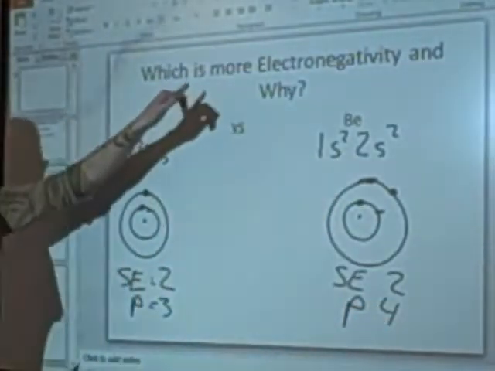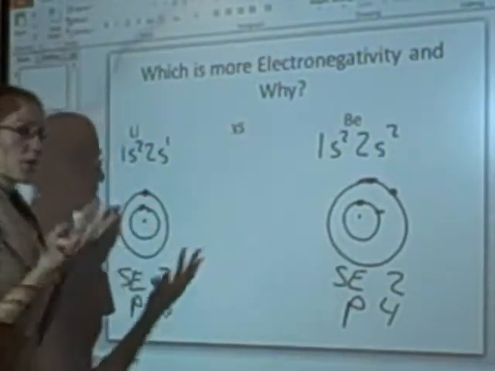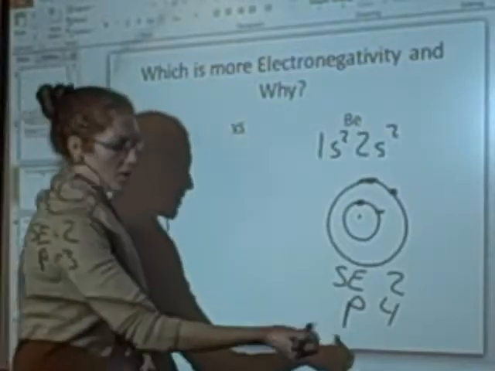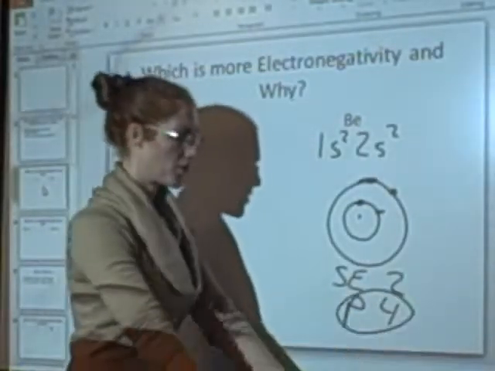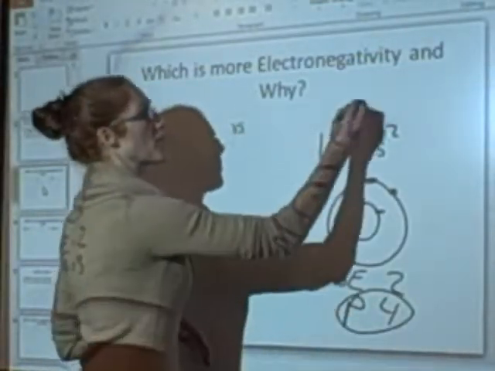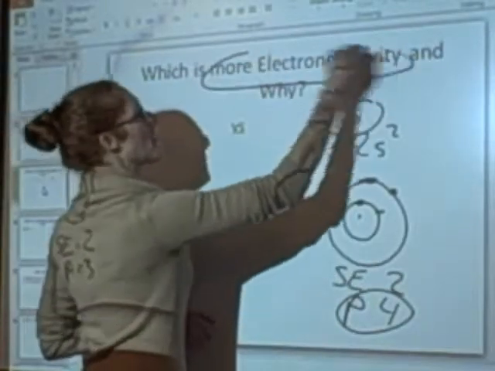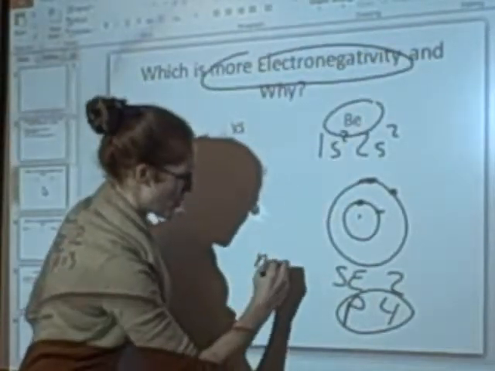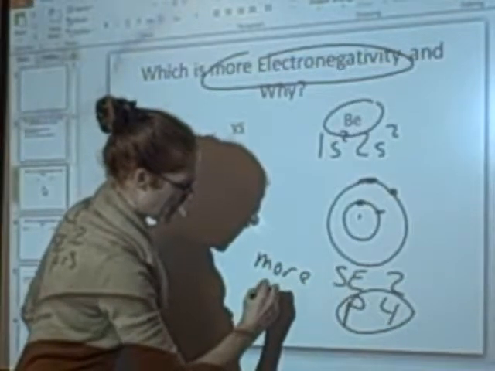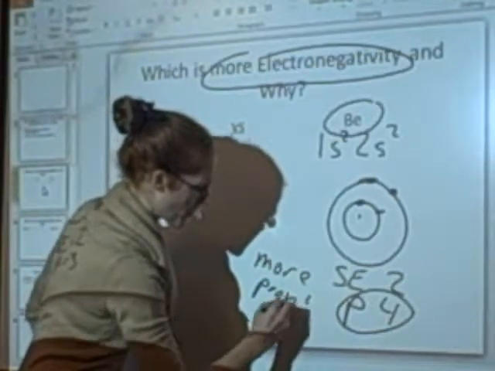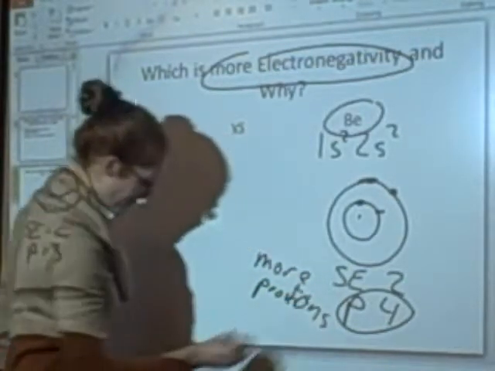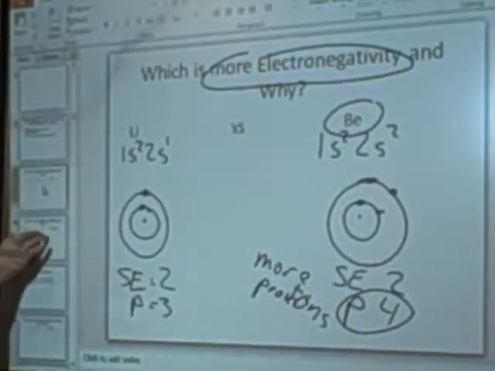So to figure out which is more electronegative, the shielding's the same, so I can't look at it. I look at protons. There's more protons here, so they're attracting the electrons more. So beryllium is more electronegative because it has more protons.